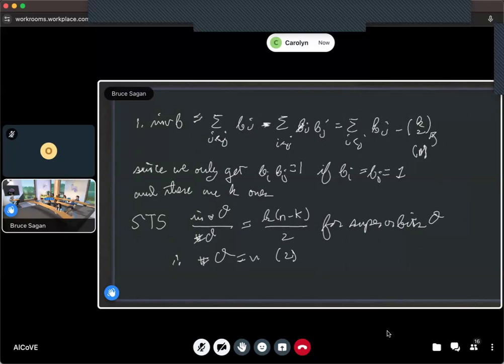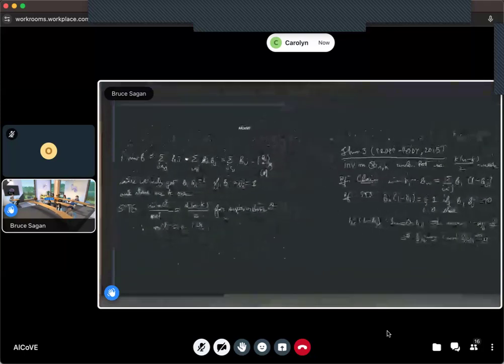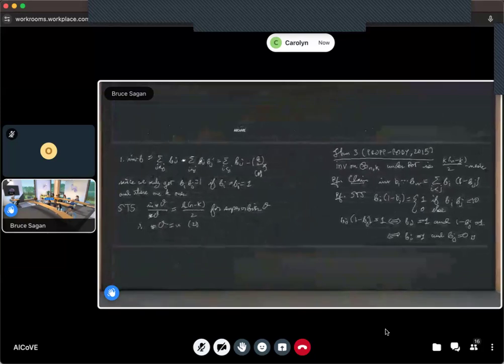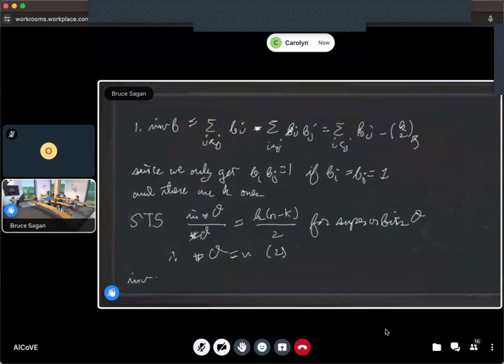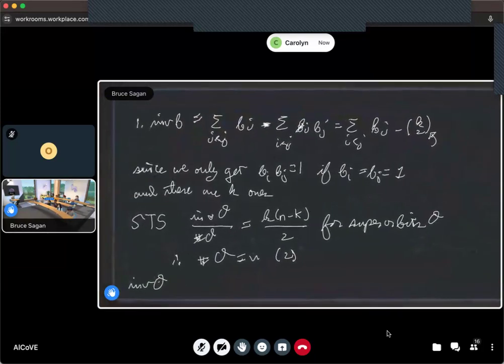So what is this inv then going to look like? Well, by definition, it's the sum over all bit strings in your superorbit of their inversion numbers.